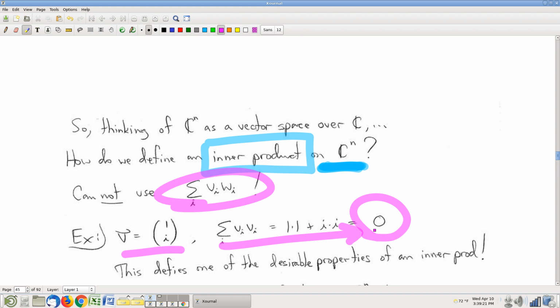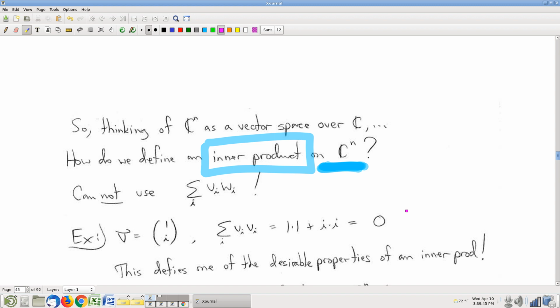So this is super weird. What this is saying is that the dot product in CN does not behave like a dot product. This is very unfamiliar. This is not how dot products are supposed to behave. So we are in a tough situation. This old dot product has crashed and burned. It is absolutely unusable in CN.